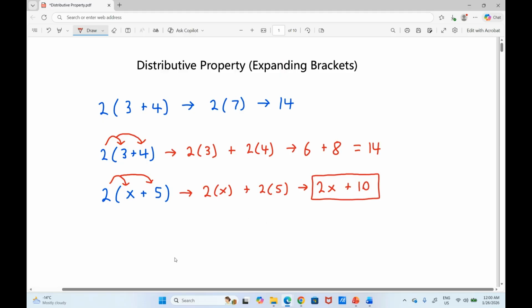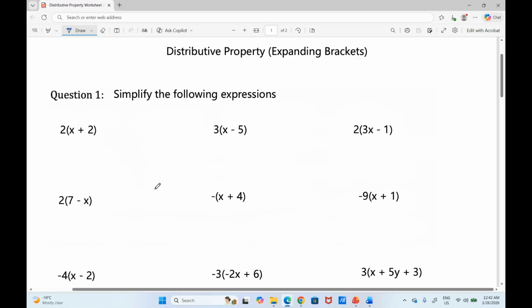So that would be the only way to simplify this question, simply because I can't reduce what I have inside the bracket. So I have to simplify using this distributive property here. Okay, now let's apply the distributive property to simplify the following expressions or polynomials. So I have 2 times x plus 2.